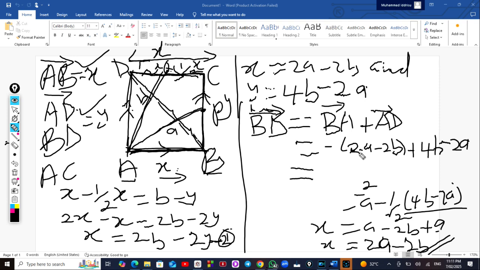So negative 2A minus 2B will become 2B minus 2A. We can also say minus 2A plus 2B is the same thing, plus 4B minus 2A.